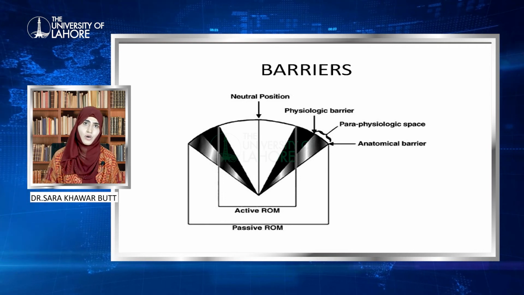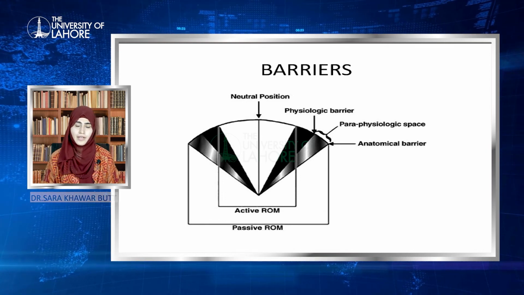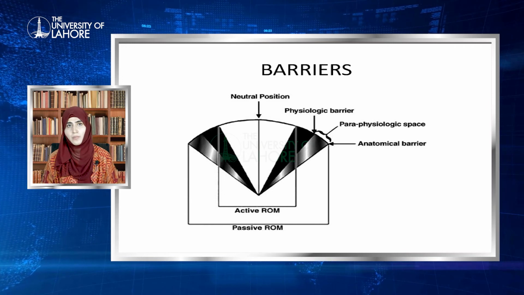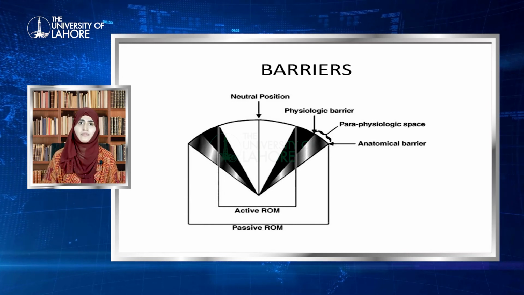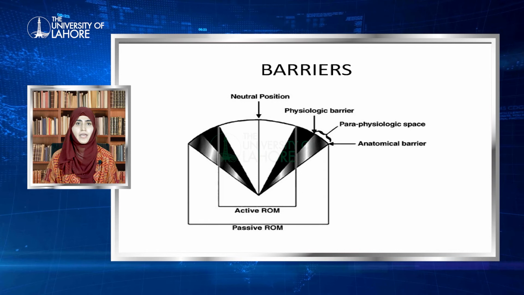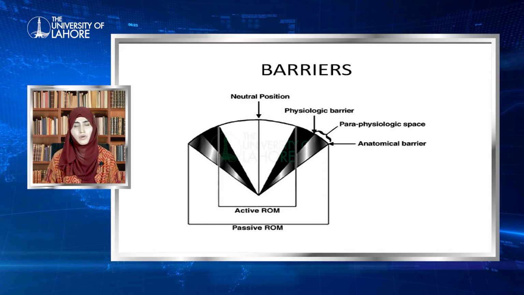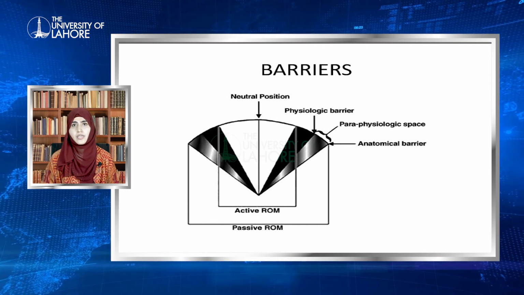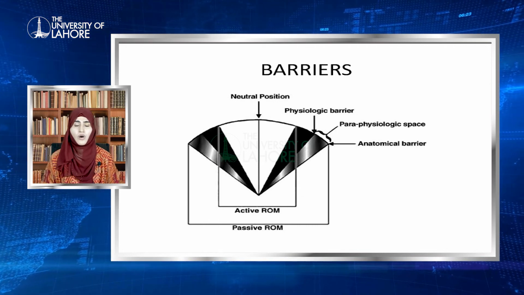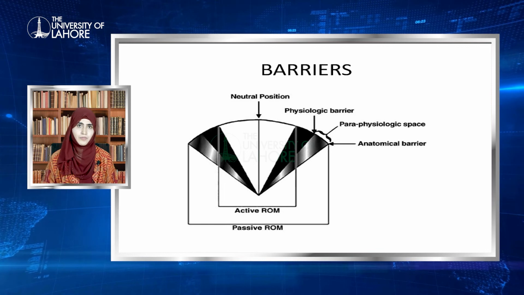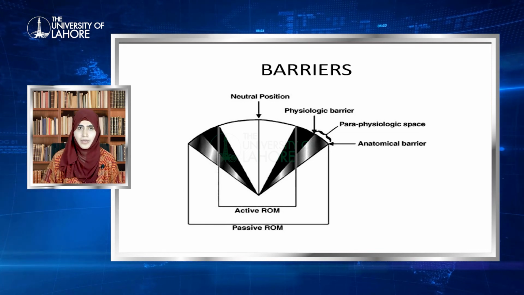The extent of the end motion that a patient can perform actively is called the physiological barrier, whereas the passive motion that is performed by a therapist or a doctor is called the anatomical barrier of motion. These are the normal barriers.